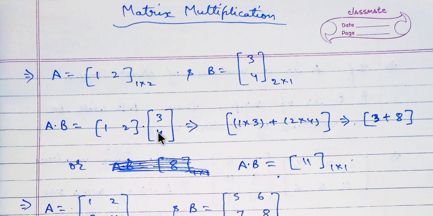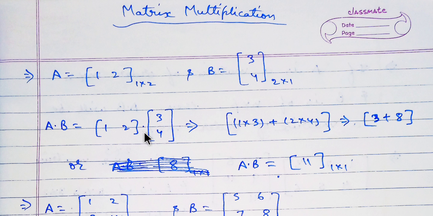In matrix multiplication we have to multiply the elements of the first row of the prefactor with the corresponding elements of the first column of the post factor. Here there is only one row and only one column, so we just multiply these elements with the corresponding elements of this column, and nothing more than this.